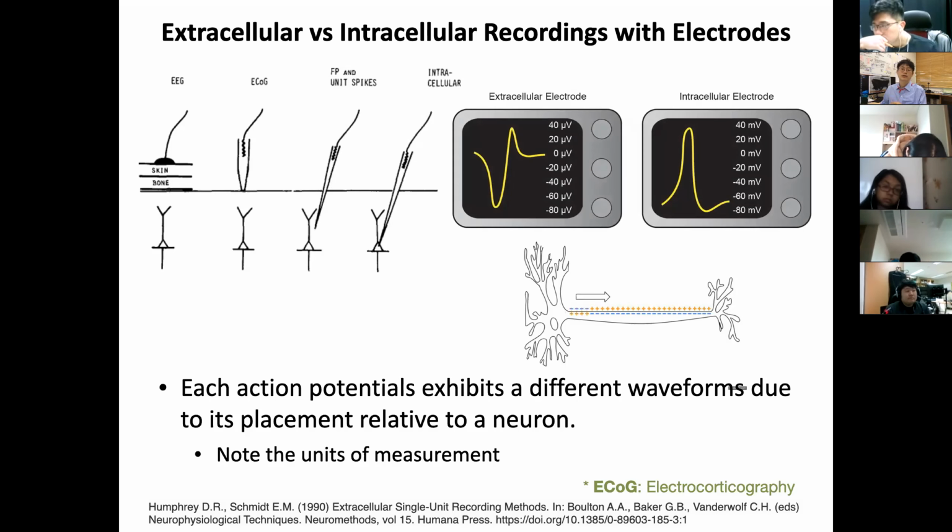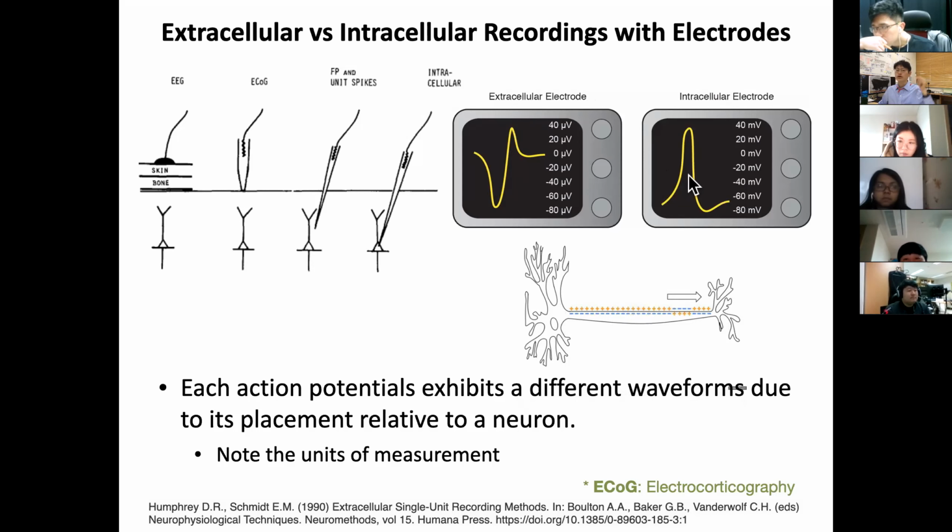I want to show the typical examples of extracellular and intracellular electrode signals on the oscilloscope. This is a cartoon, but let's think about when we put an electrode intracellularly first. We already discussed action potential.